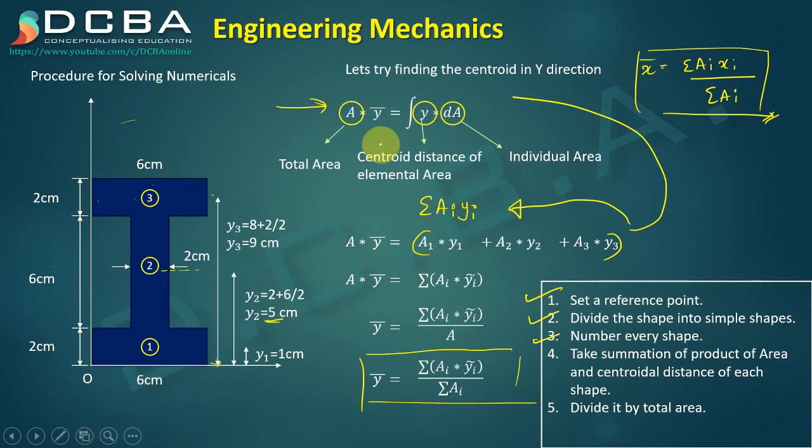In that case, we do have to use this integration formula. But for cases where it is easier to divide the area into small parts, we can use these simplified formulas of centroid. As we solve it, we will see there are a few more things that we need to take care of.